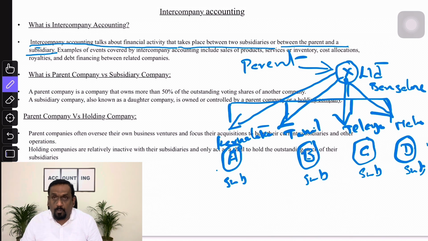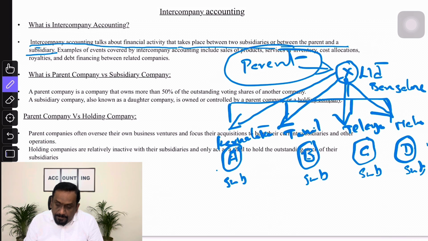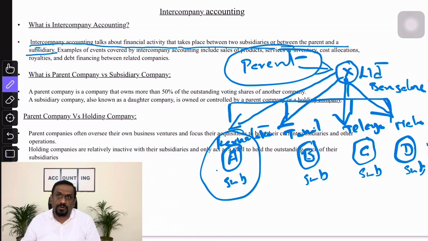Clear? Now, what we need to understand here is, when do we call X Limited a parent company? When do we call A, B, C, D subsidiary companies? That is something which we need to understand. Number two, what are those financial activities that happen between these parent and subsidiary companies?